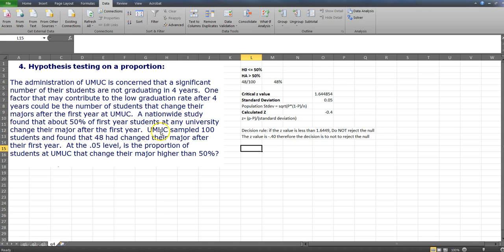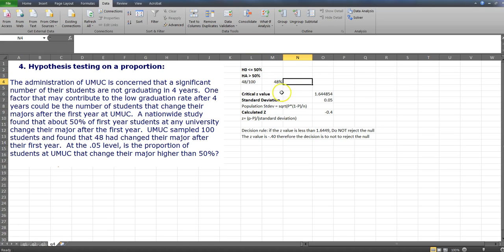This question is asking, is the proportion of students at UMUC that change their major greater than 50%? So it's making a directional statement. We know that our actual hypothesis is looking for a value greater than 50%. Therefore, our null hypothesis is not just that there's no difference, but it's also less than 50%.